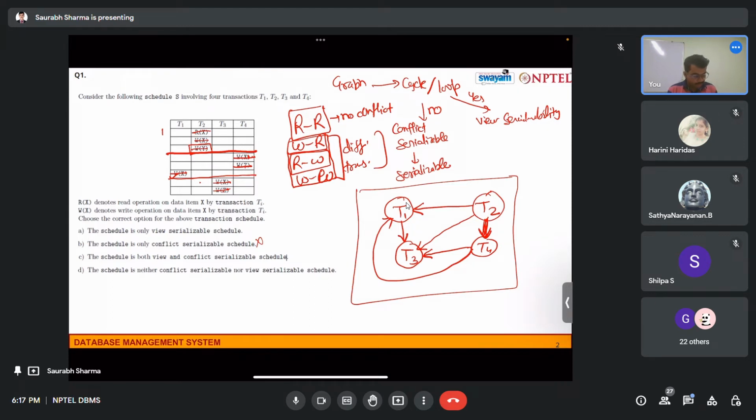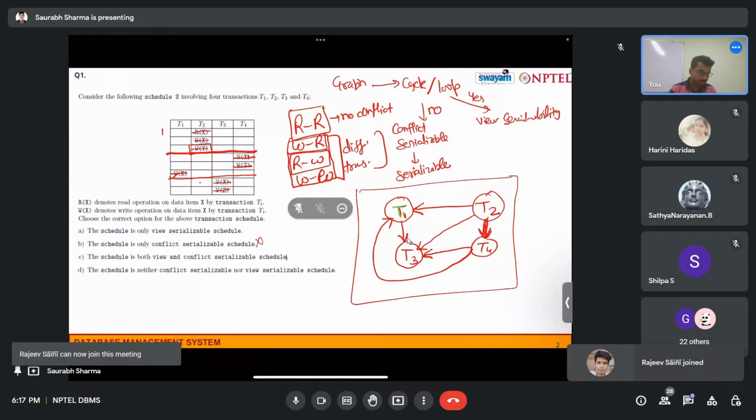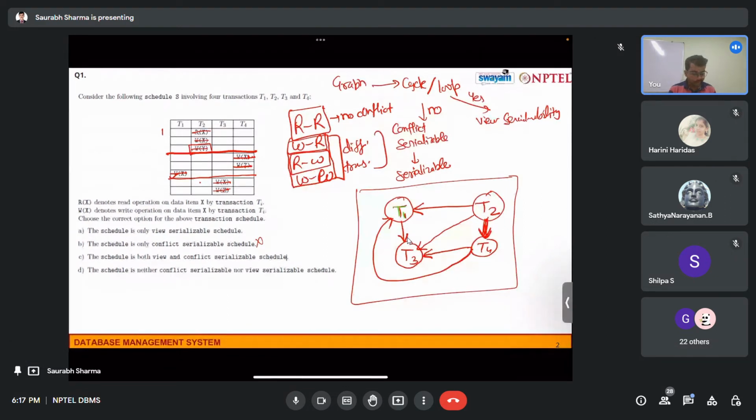To check for cycles, we should go node by node. From T1 we can go to T3, and from T3 we cannot go anywhere. There is no outgoing edge from T3, so there will be no cycle with T1. Now T2 has no incoming edge, so there is no loop in T2.